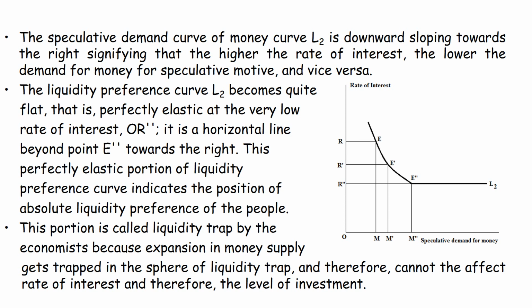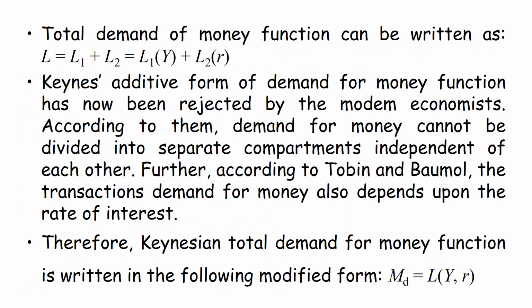This portion is also called the liquidity trap by economists, because expansion of money supply gets trapped in the sphere of the liquidity trap and therefore cannot affect the rate of interest, and therefore cannot affect the level of investment. Therefore, monetary policy is completely ineffective in this liquidity trap zone.